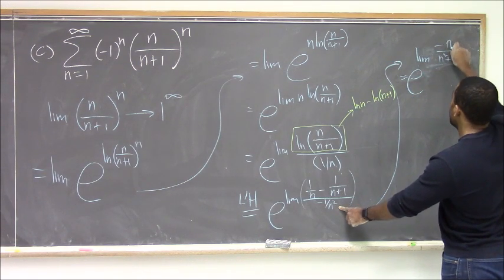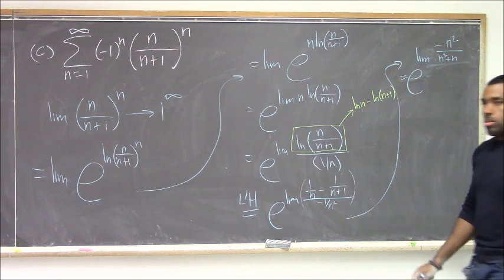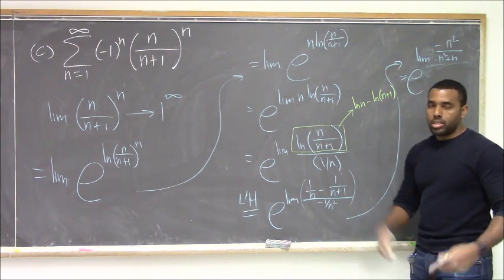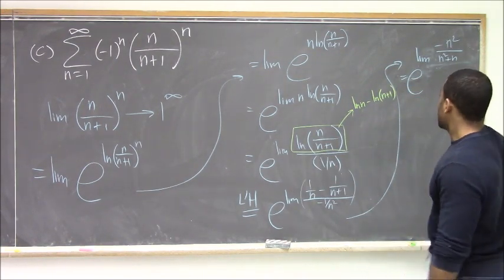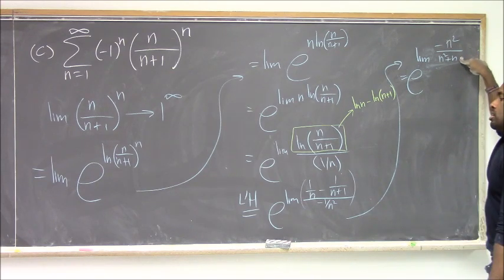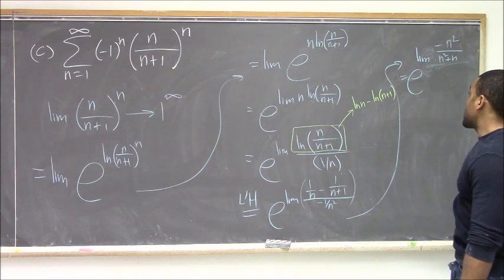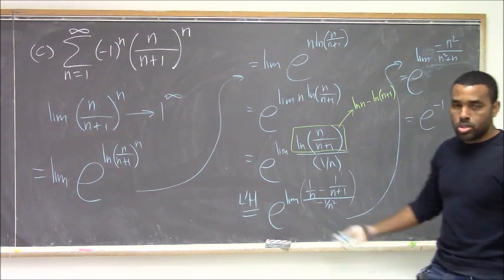This is minus n squared. However you combine those fractions, combine whichever way you want. But I combine it, I get that. Notice that this now is minus n squared over n squared plus n. So this is actually going to give you e to the minus 1, which is what we got last time.